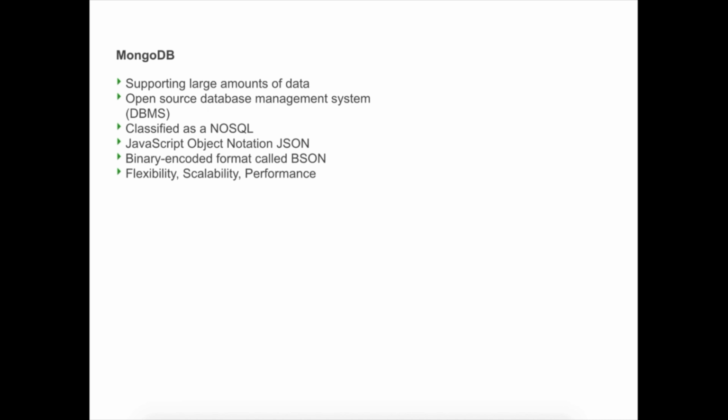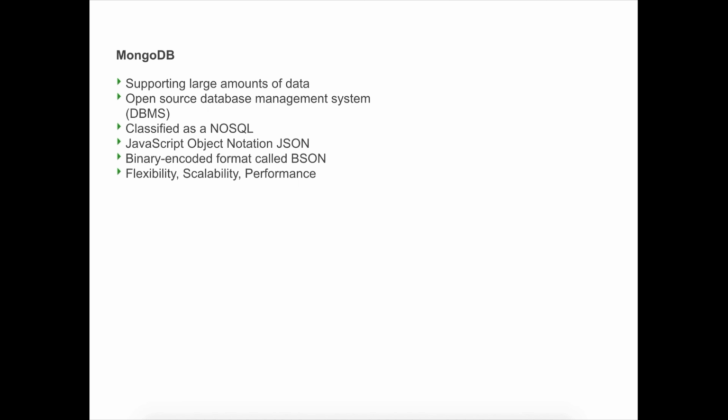JSON supports all of the basic data types you'd expect, such as numeric, strings, and booleans. MongoDB represents JSON documents in binary encoded format called BSON behind the scenes. BSON extends the JSON model to provide additional data types for the fields and to be efficient for encoding and decoding within different languages.